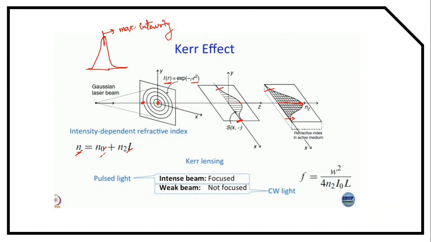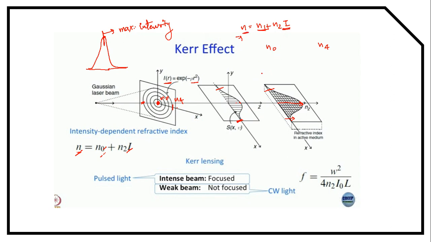Say I draw two points, this is n0 and this is n4. We write the total n as n1 plus n2 times I, where n1 is the refractive index of the medium and the total refractive index varies with the intensity.